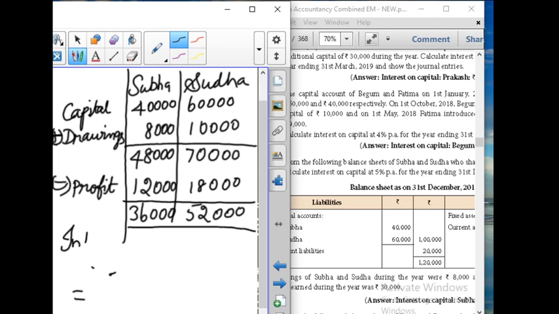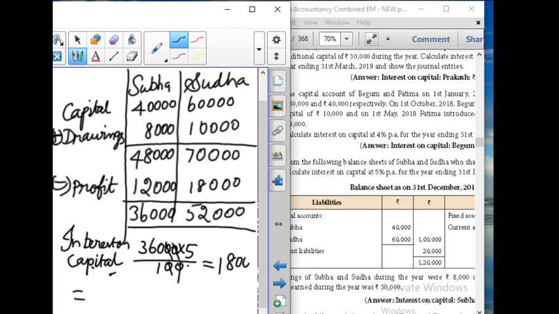Interest on capital is 36,000. What is the rate of interest? 5%, into 5 divided by 100. 0, 0, 0, 0. So rupees 1,800.